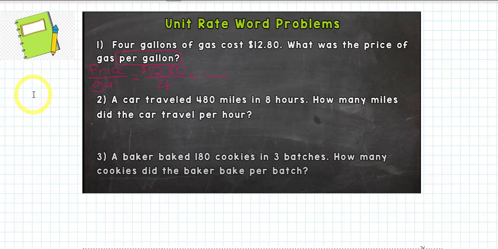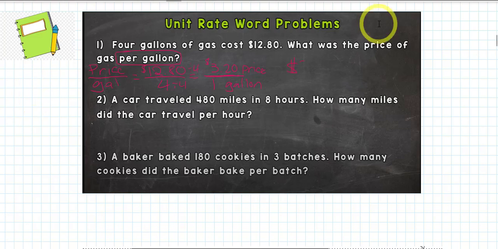And now you create your unit rate with your denominator of 1. In order to get that denominator of 1, we're dividing by 4. And $12.80 divided by 4 is going to give you $3.20. And we'll end it with words. So that's the price, $3.20, and 1 would be gallon.